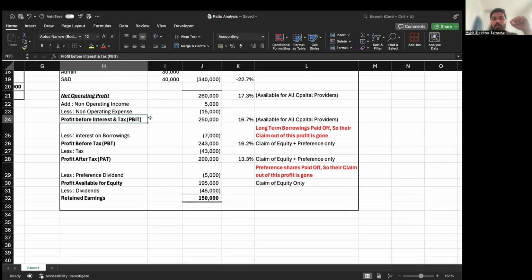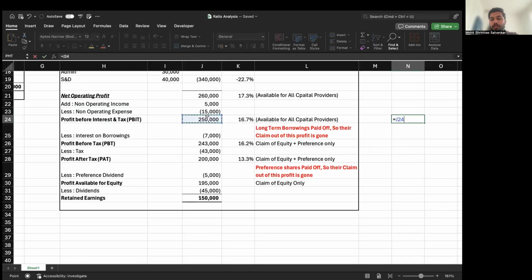If the profit which you are earning is not even able to sufficiently pay your interest, which means this ratio goes below 1, then there's a problem for the company. In the longer term, it's not even able to pay the interest, so it will not be able to pay the principal, of course.